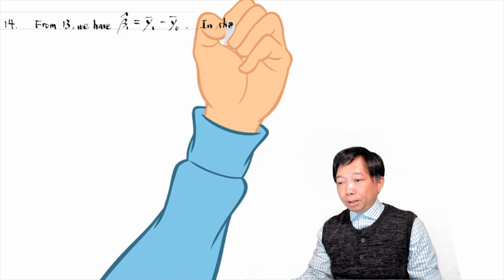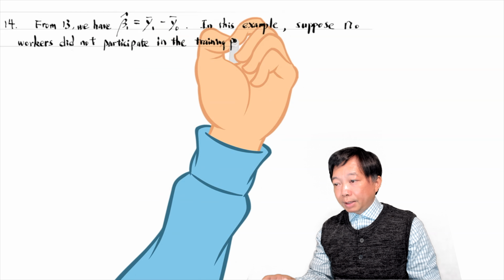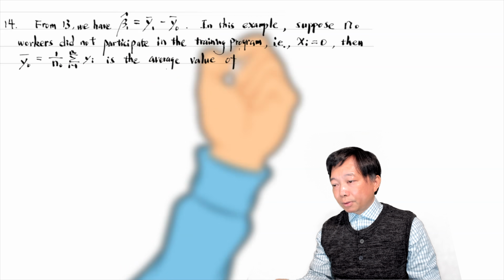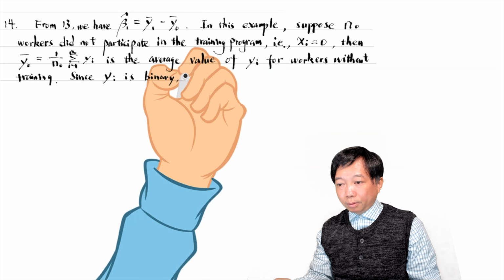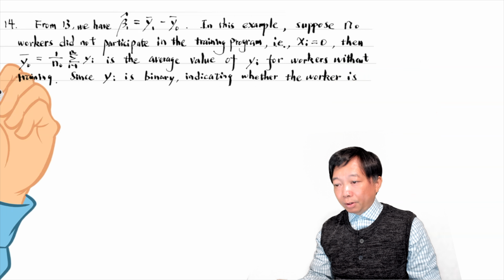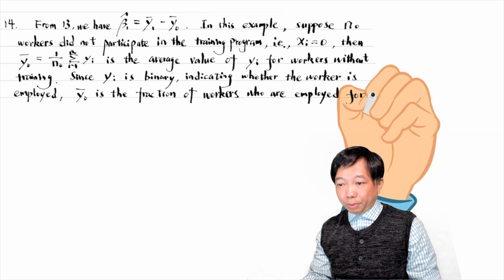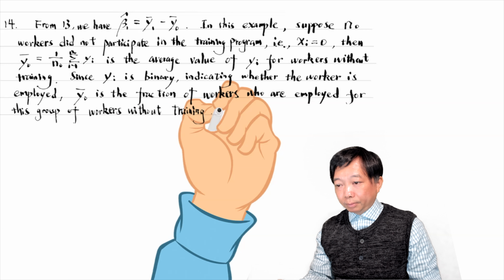From equation 13, we have beta 1 hat equals the difference in the sample means of the outcome variable in the two different states of the world. Here in this example, suppose N0 workers did not participate in the training program, that is, xi equals 0.